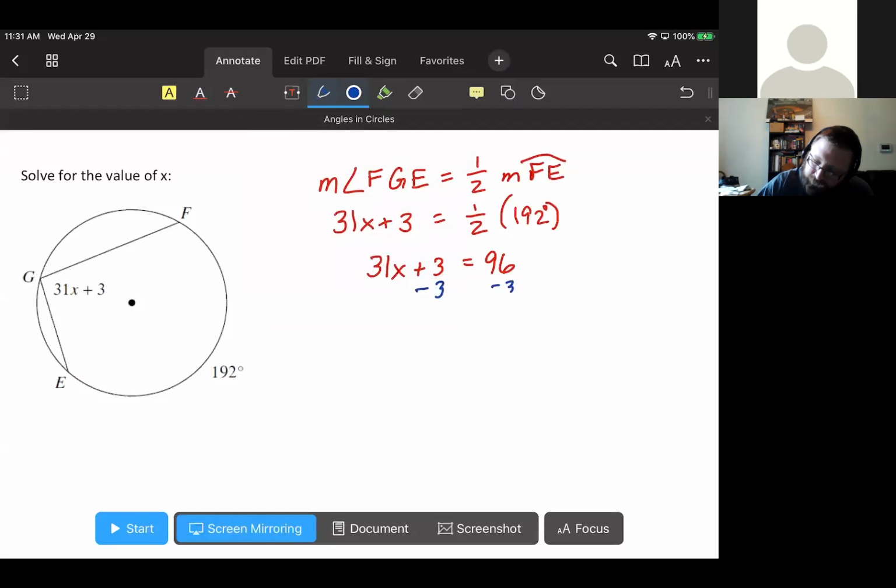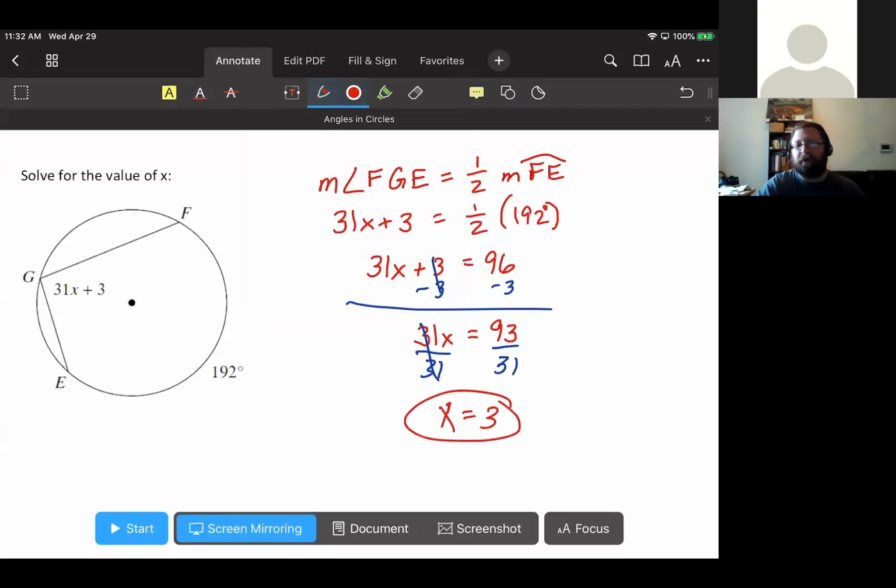Subtract 3 from each side. Everybody has proven over and over again that they're capable of solving these equations. Oops, that'd be 93, not 39. And then we divide by 31, and that gives us our value of x as being 3.